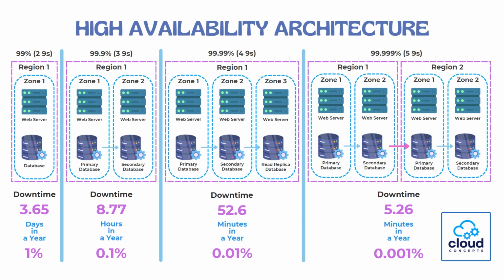It helps also offload read traffic, but for the purpose of this, it's also creating a secondary backup. This translates to a downtime of 52.6 minutes a year, and that's 0.01% downtime.